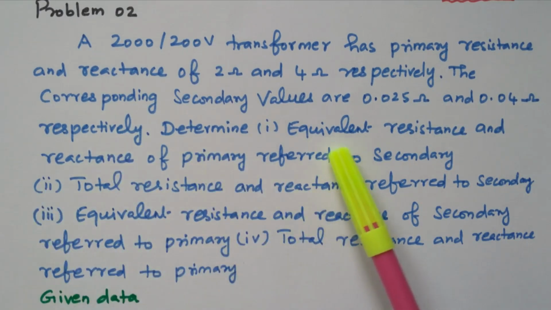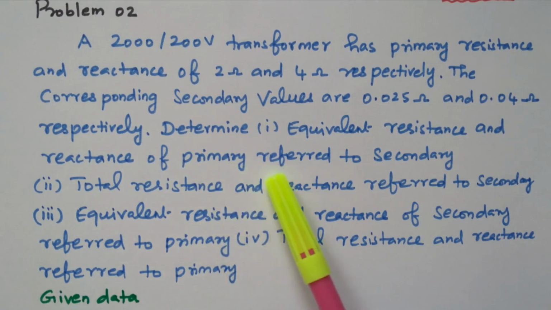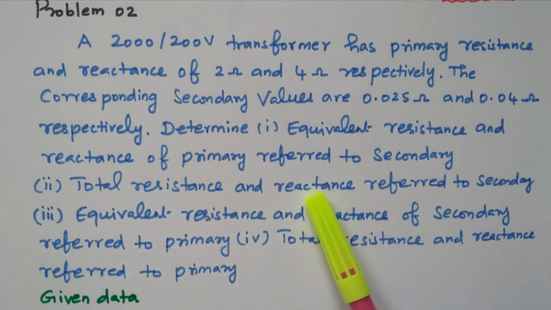Determine the equivalent resistance and reactance of primary referred to the secondary, total resistance and reactance referred to the secondary, equivalent resistance and reactance of secondary referred to primary, and total resistance and reactance referred to the primary. So we need to find both referring to primary as well as secondary values.